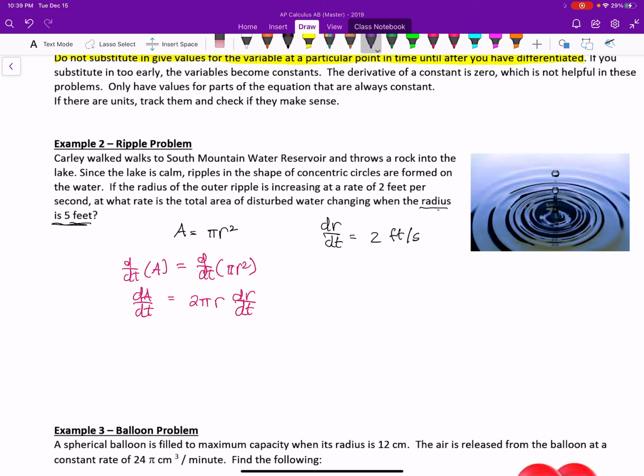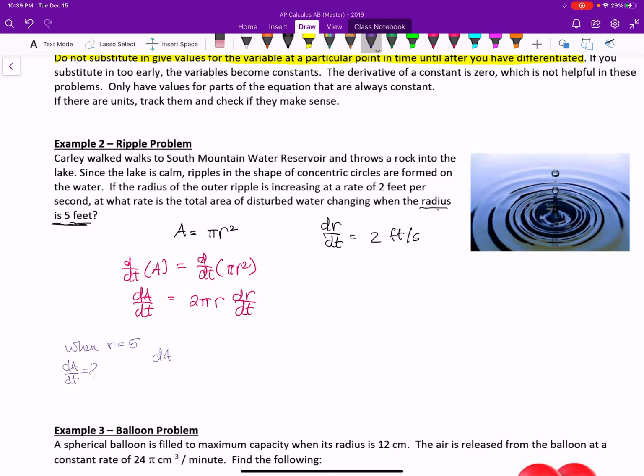All right, so now I've taken the derivative. Now we do the instant. I'm actually interested in when the radius is 5, so I'm going to write when the radius is 5. It asks what is the rate of the total area, so I really want to know dA/dt.